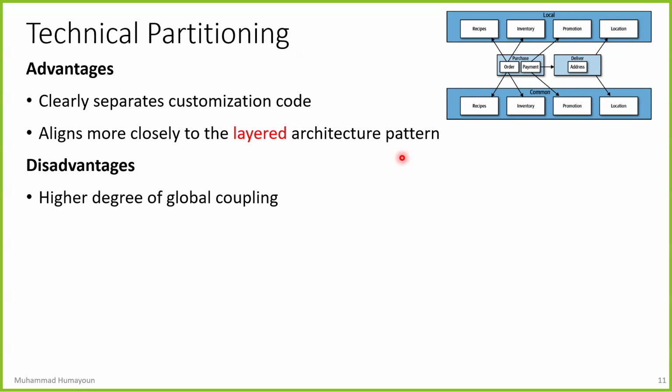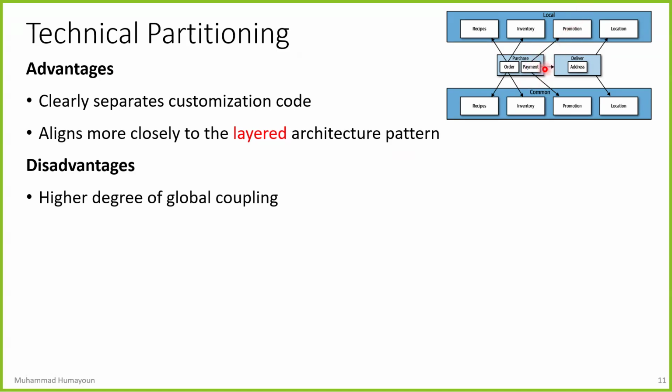And disadvantages are that there is a high level of global coupling. Everything is connected with everything, as you can see. So if I go here and make a change in this promotion, since this purchase is dependent on this promotion, I actually have a payment section dependent on this promotion. I have to make changes here.